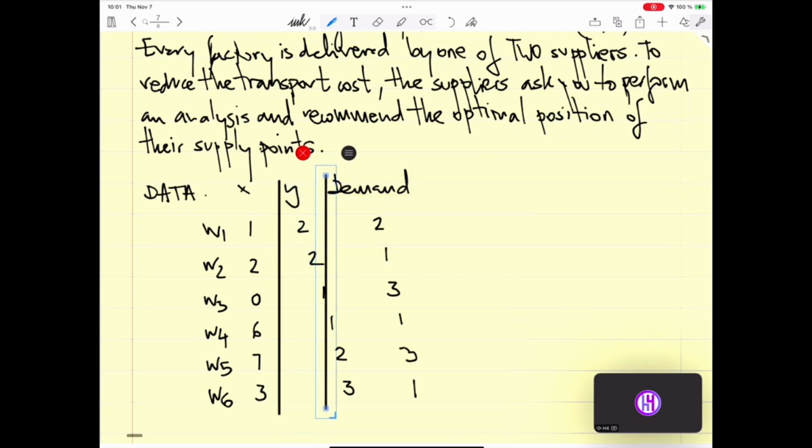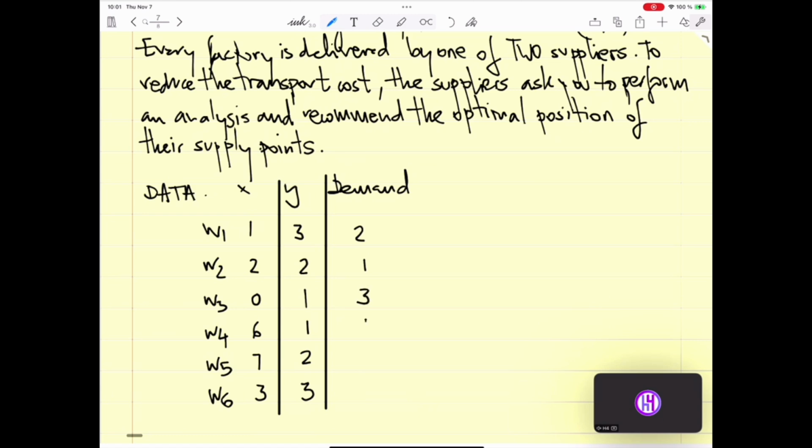And then 2, 1, 1, 2, 3. Two, 1, 3, 1, 3, 1. Okay?